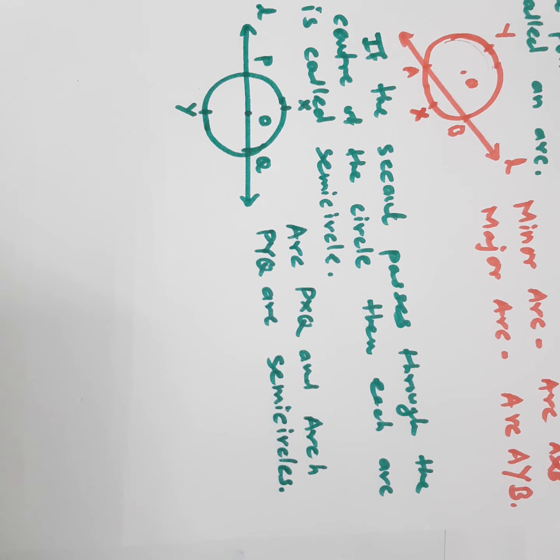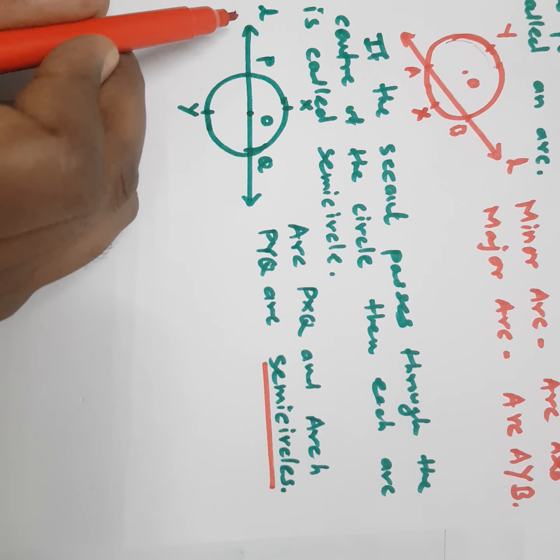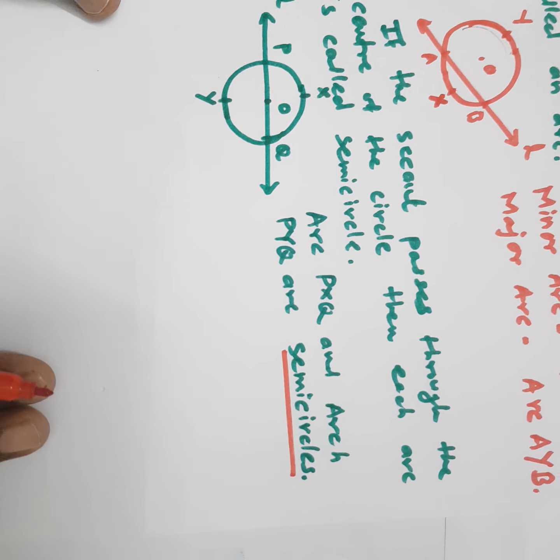So two semicircles are formed if the secant passes through the center.